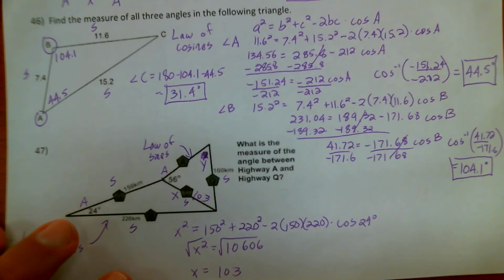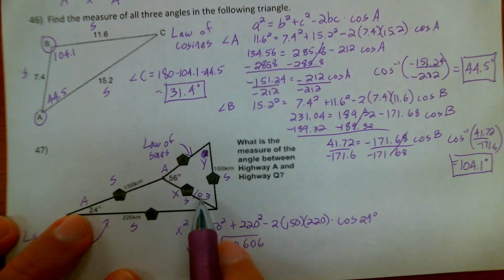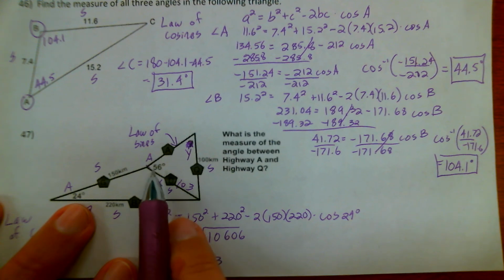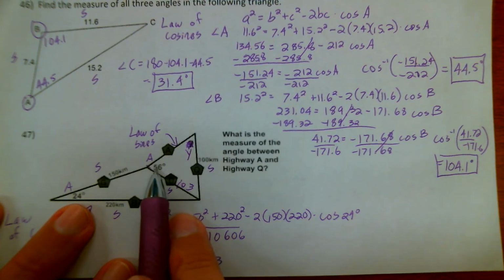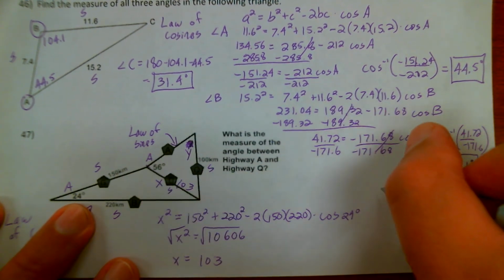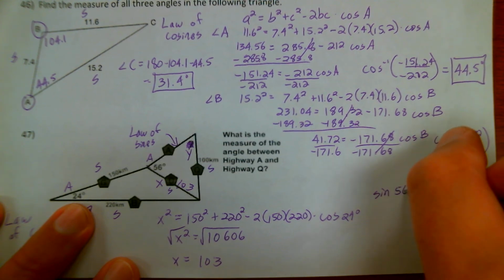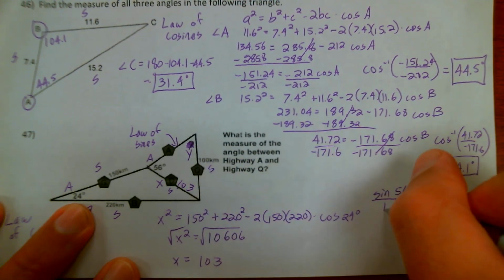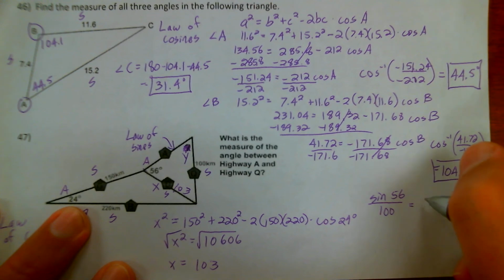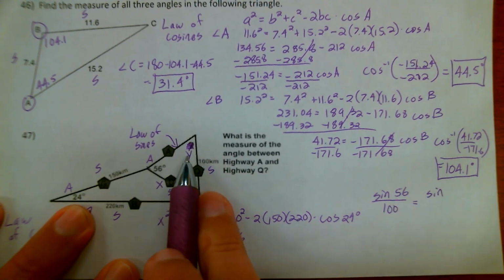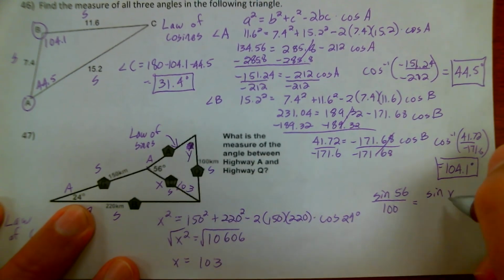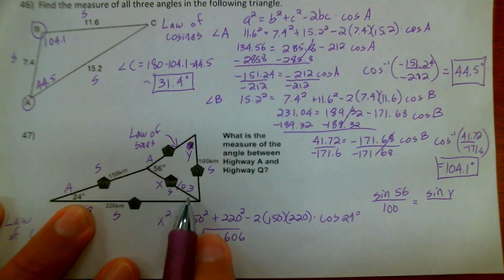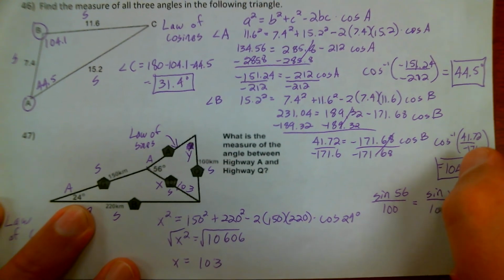Now I have this side, I have this side, and I have this angle. So now I can use the law of sines. I can say the sine of 56 over its opposite side, which we know is 100, is equal to the sine of the angle that I'm trying to find, the sine of y, over its opposite side, which is what we just calculated, the 103 number.